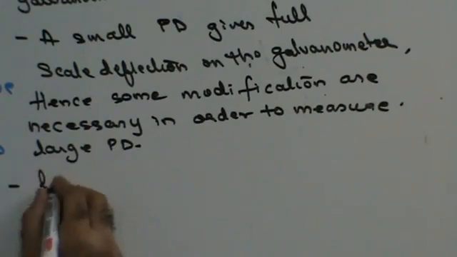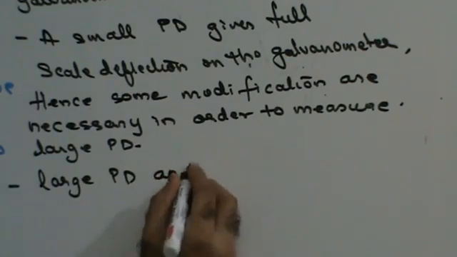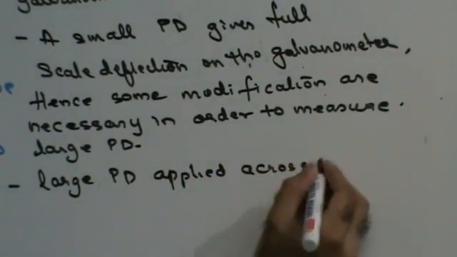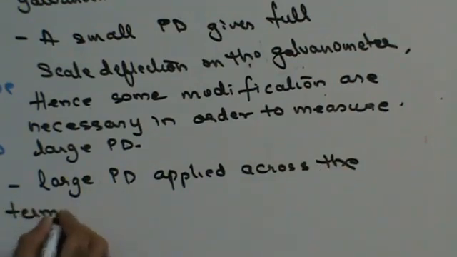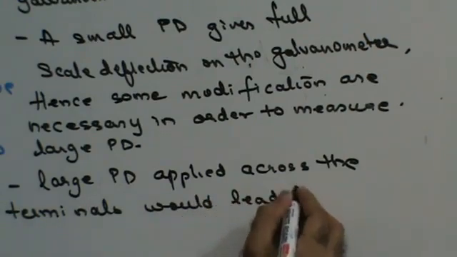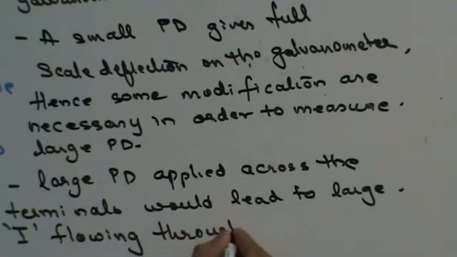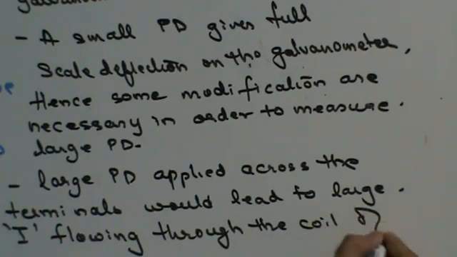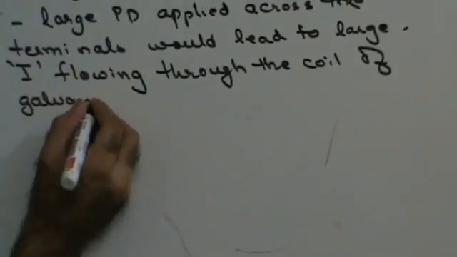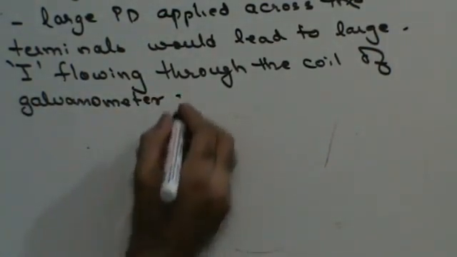So, a large potential difference applied across the terminals would lead to large current flowing through the coil of the galvanometer, which will cause damage to the coil.